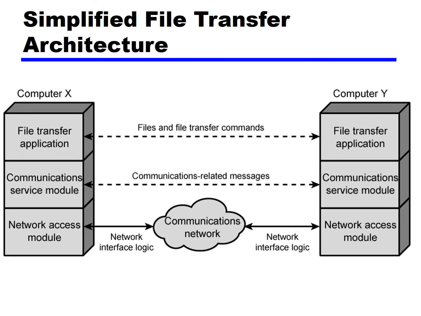Take computer X and computer Y. Computer X contains the file transfer application, communication service module, and network access module. Computer Y contains the file transfer application, communication service module, and network access module.